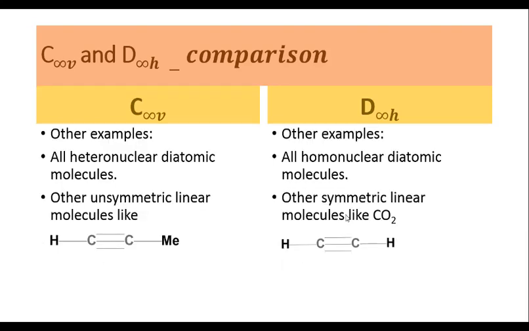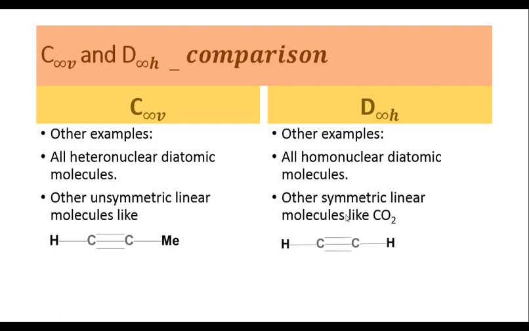To summarize, the examples in the case of C infinity v are all heteronuclear diatomic molecules, not just HCl, HBr, HI, etc., and all other unsymmetric linear molecules like propyne, which we have described here.